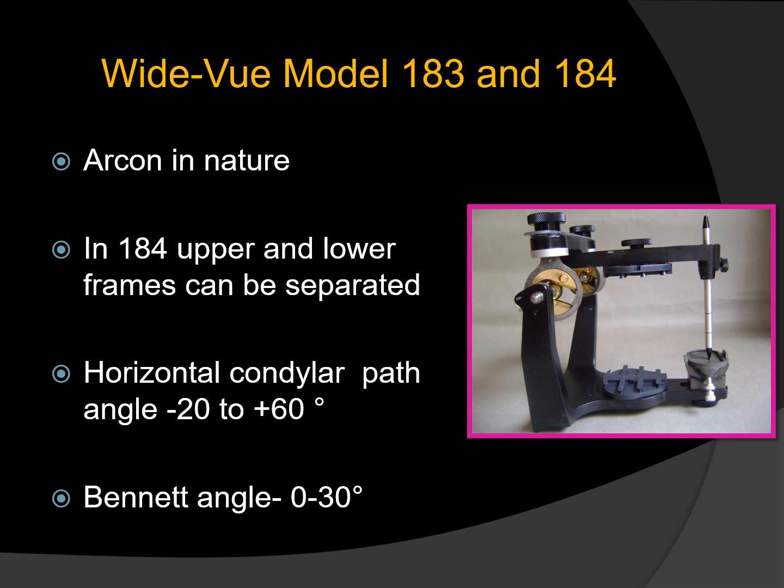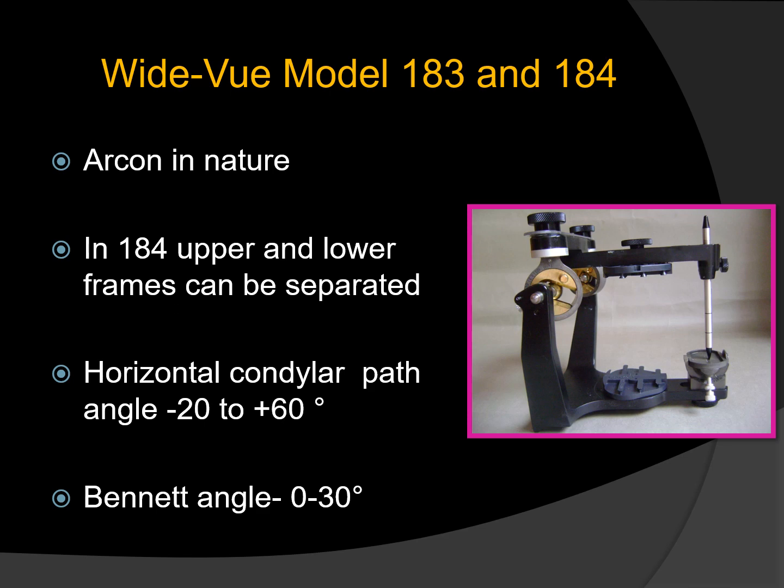The Hanau Wide View models 183 and 184, both of which are Arcon in nature and have similar features. Wide View 1 has a closed condylar track where you cannot remove the upper member, whereas in Wide View 2 there is an open condylar track, and you can separate the upper and lower frames.